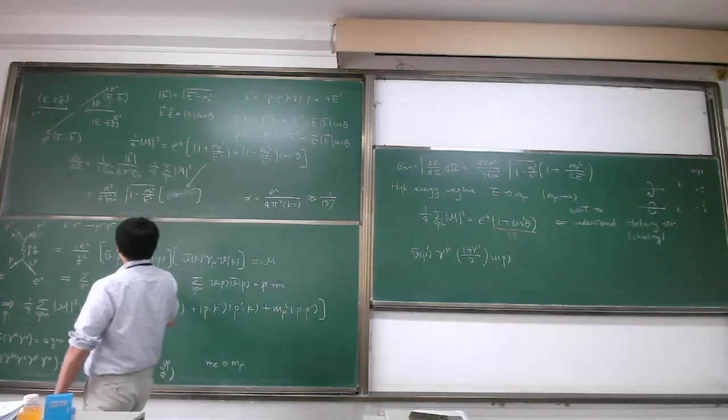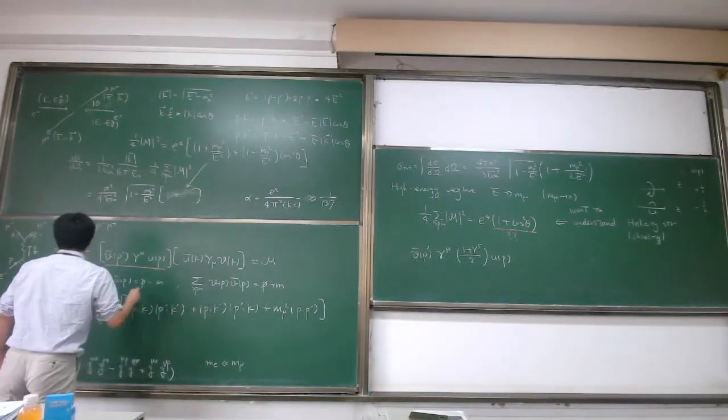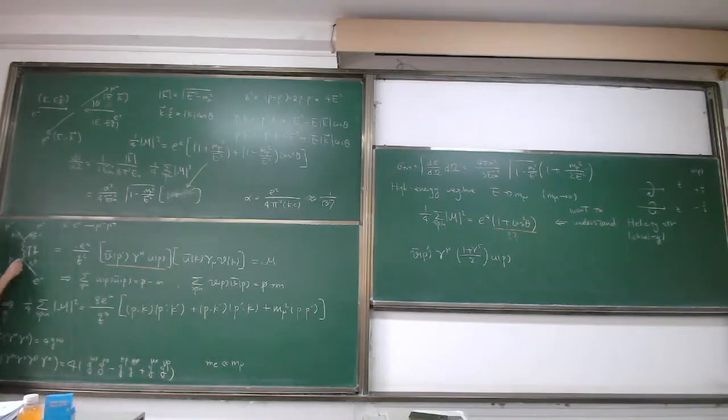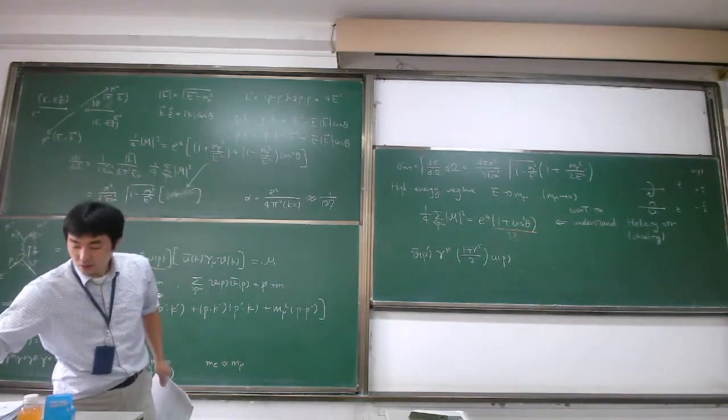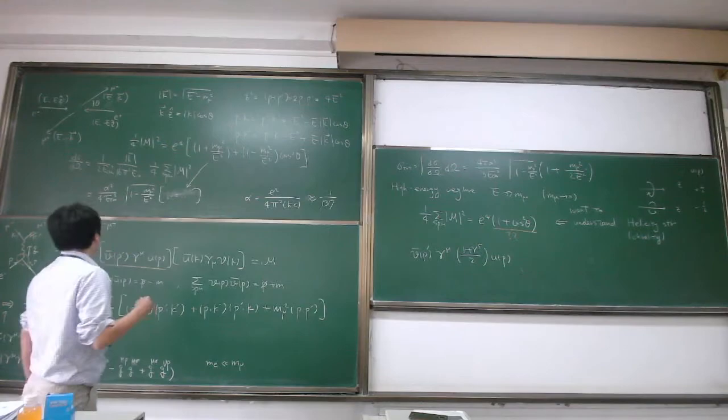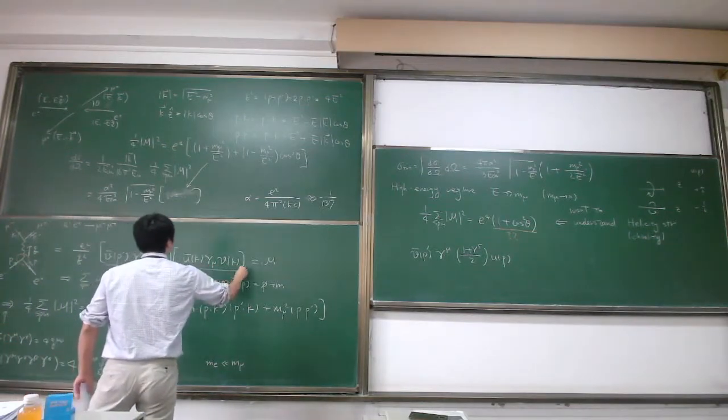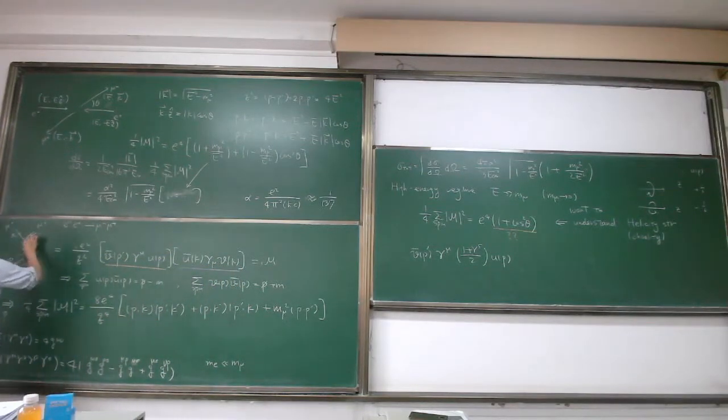So as you can recall, this part is really coming from applying the Feynman rule in here. So v bar of P prime is really the positron, and then u of P is coming from the electron. And the purple part is really coming from here.